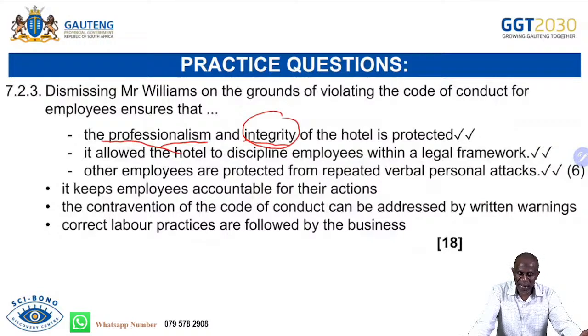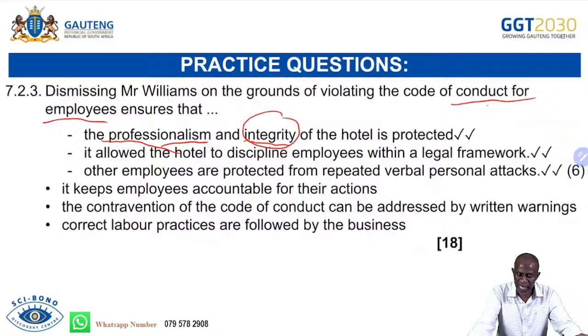It also allowed the hotel to discipline employees within a legal framework. So legally or otherwise, the code of conduct protects the aspirations of either the employee or the employer. So the needs are protected in the code of conduct for employees.